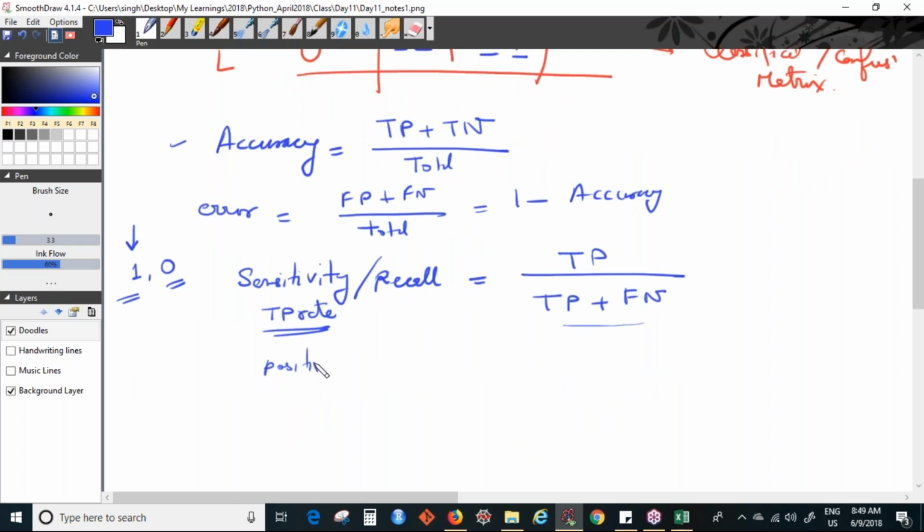Let me write it down: positives the model identified out of all actual ones, or out of all actual positives.